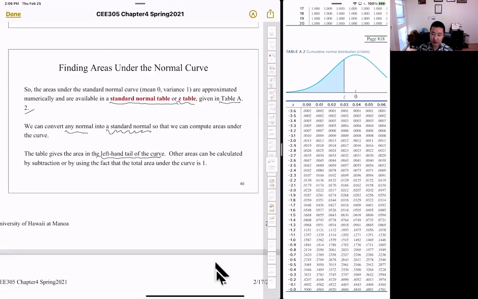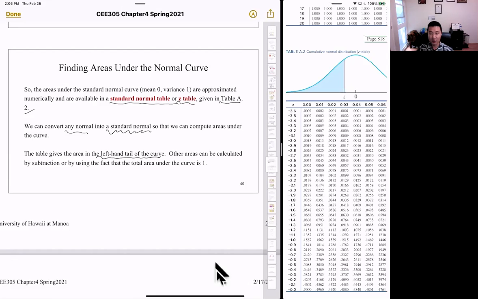That's from page 818 of our textbook, Table 8.2. Before we do that, we need to convert the normal distribution into a standard normal distribution. Basically, we calculate the z-value using the equation we just discussed.